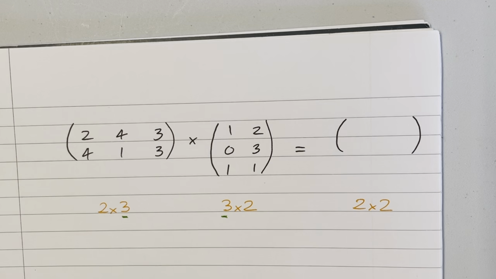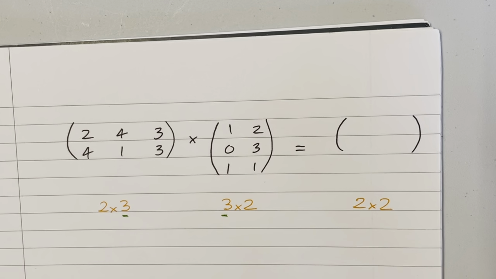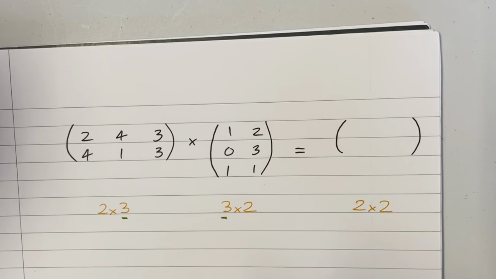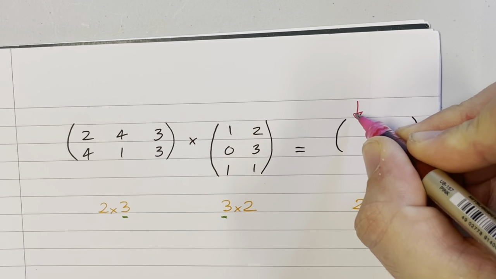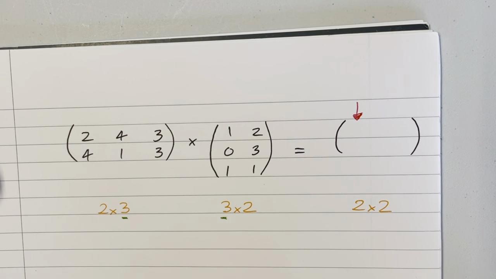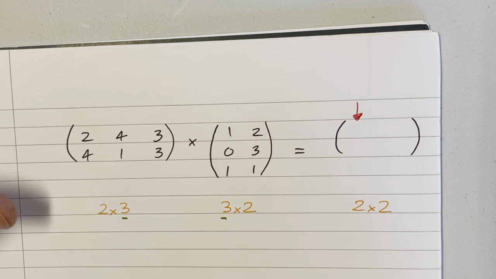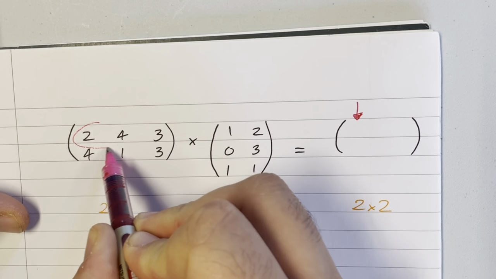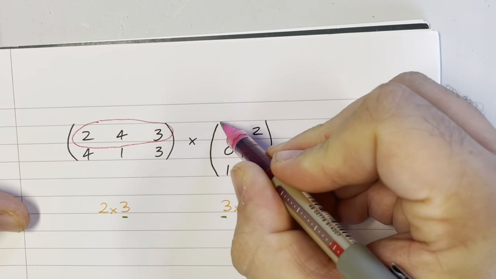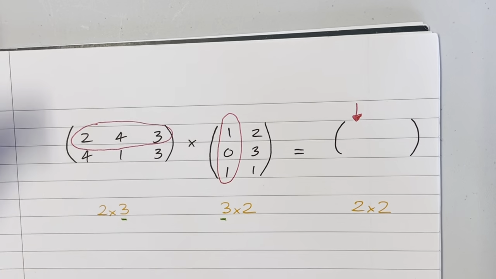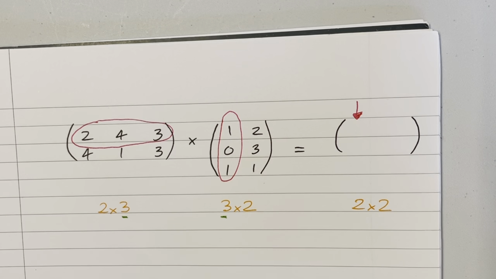Okay, well, let's just explore how we're going to calculate this. Well, to get this element here, that's the top left element, what we're going to do is take the top row and the left column. This may feel really bizarre, but this is exactly how matrix multiplication is done, so you just need to go with it for now.